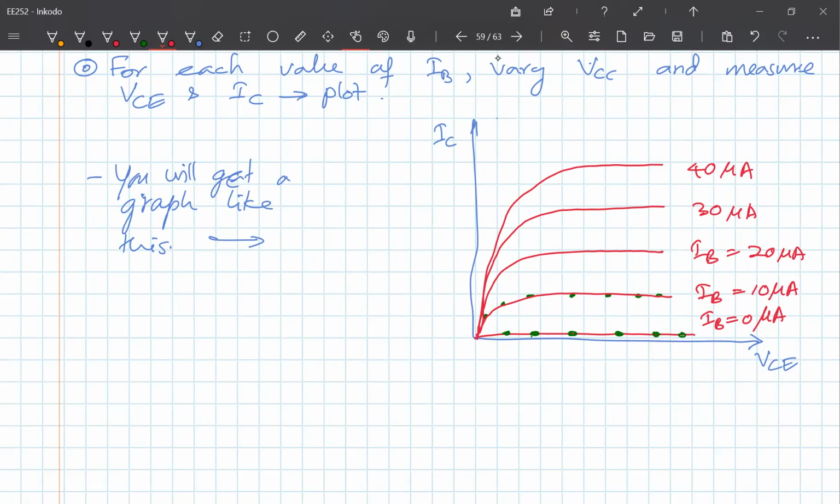So if you observe, this is called the transistor characteristics. These are for constant IB values. These are different curves for the relationship between IC and VCE. This is called the transistor's output characteristics.